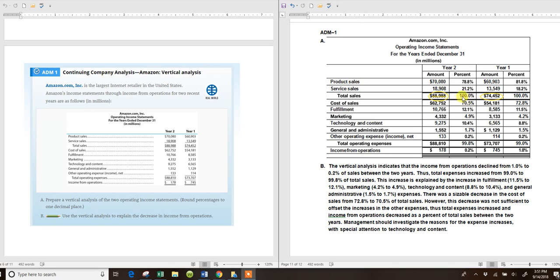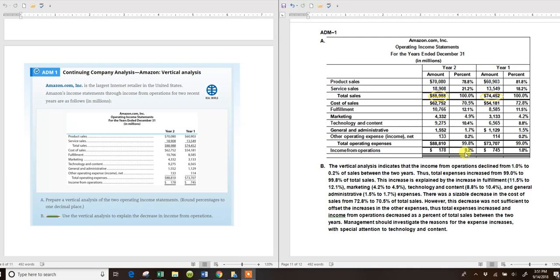So I have a dollar bill in sales, 70 cents of that dollar goes to cover the cost of the sales. 12 cents of every dollar goes to cover fulfillment. 4 cents goes to cover marketing. 10 cents goes to cover technology and content. And 0.2 cents, not 2 cents, but 0.2 cents goes to cover income from operations.